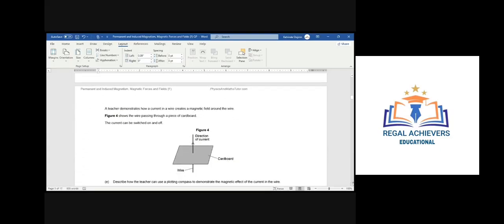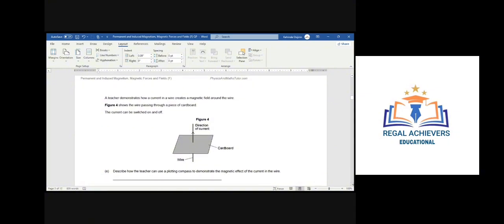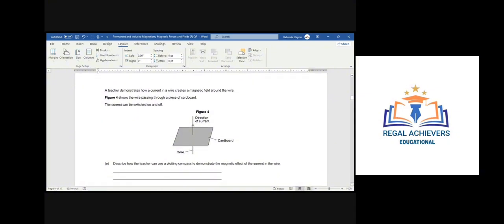Then the next one says, a teacher demonstrates how current in a wire creates a magnetic field around the wire. Figure 4 shows the wire passing through a piece of cardboard. The current can be switched on and off. Describe how the teacher can use a plotting compass to demonstrate the magnetic effect of the current in the wire.